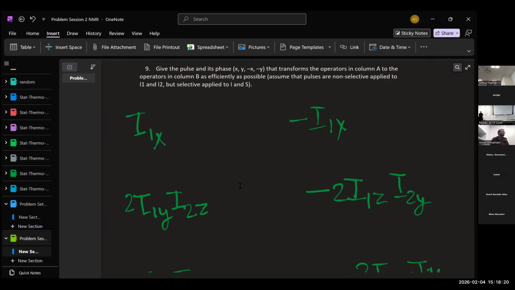You have selectivity between I and S. With that said, how would you go from I1X to minus I1X? A 180 on Y, right? Does it matter if it's Y or minus Y?